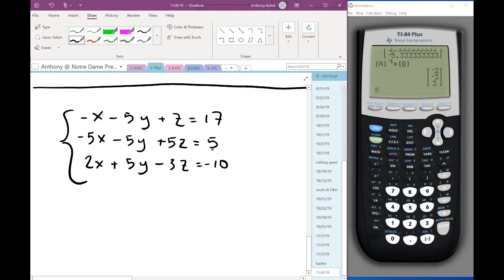So take a moment, try to do this one, just do it in your notebooks or whatever is fine. And then we'll go through this as a group here in a moment.